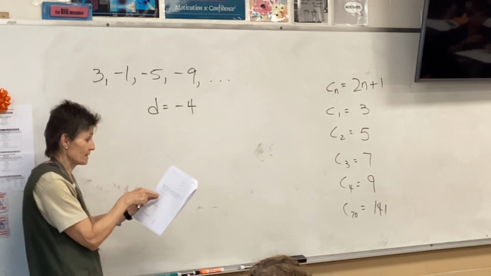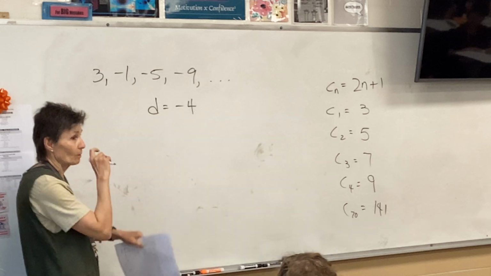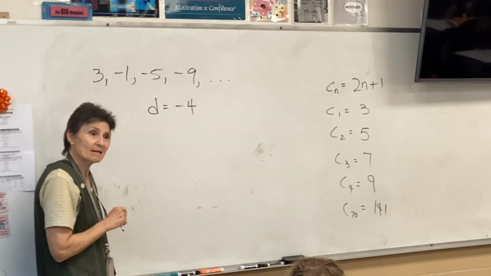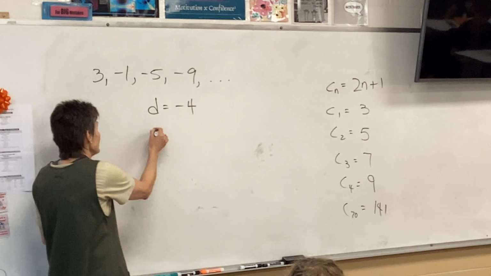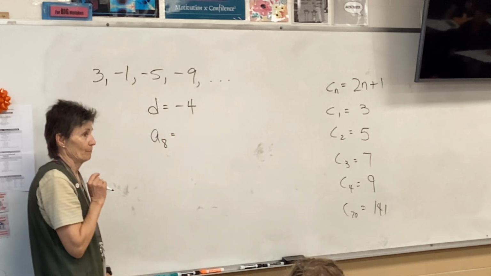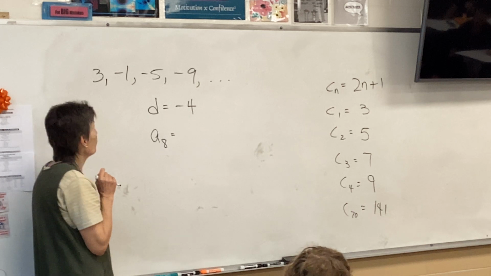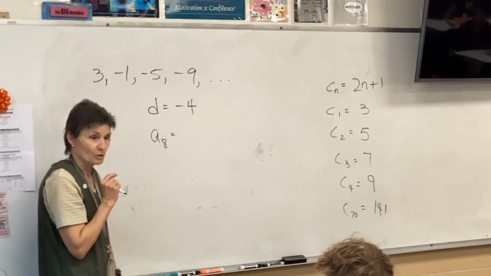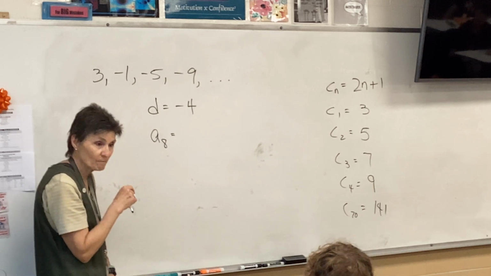That was the first thing it asked me to find. Okay, now it says find the 8th term. A sub 8 means the 8th term. Well, what is one thing you could do to find the 8th term? Just write it out. Just keep subtracting 4.